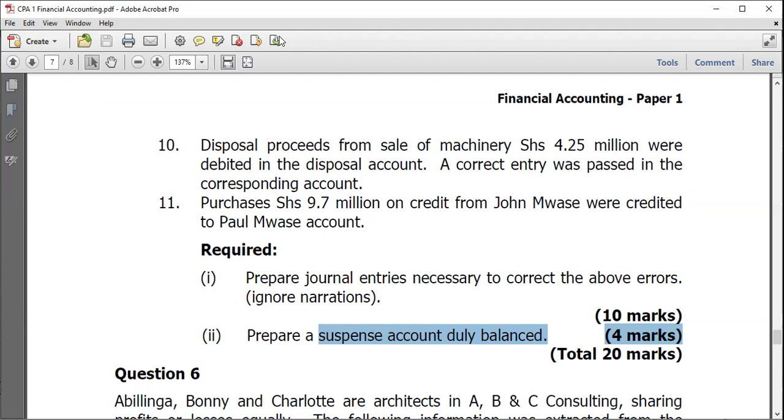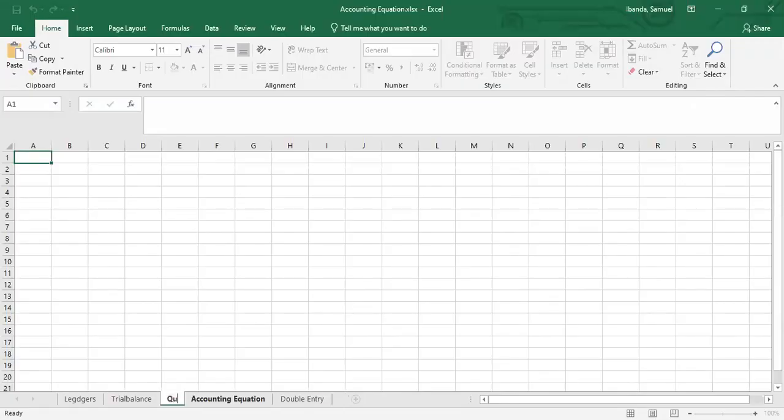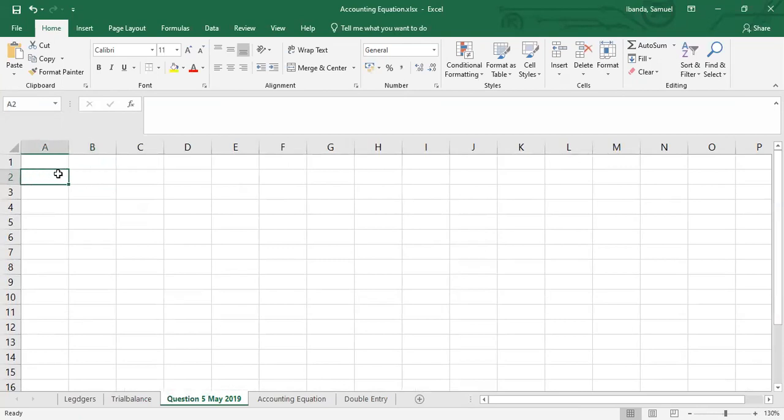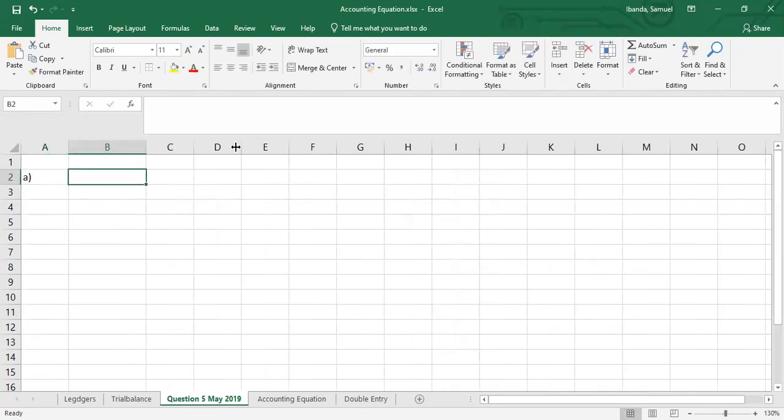So what you basically do is, this is question 5, May 2019. So part A of this question is asking us to journalize the transaction.